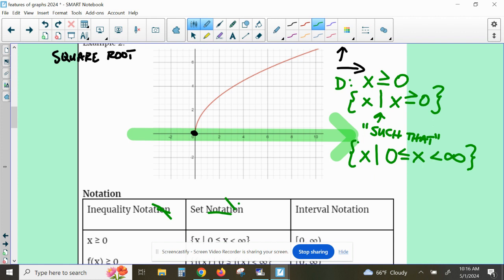I'm going to show you one more way, which is the way I love because it's the easiest. The last one is interval notation. And all you do is pick your lowest and your highest. So what's your lowest? 0. What's the highest? Infinity. So you do 0, comma, infinity.